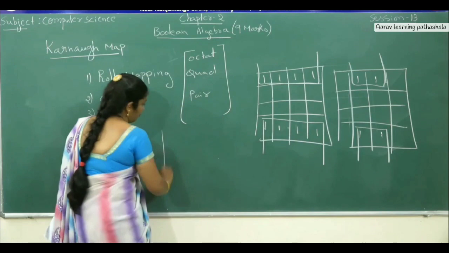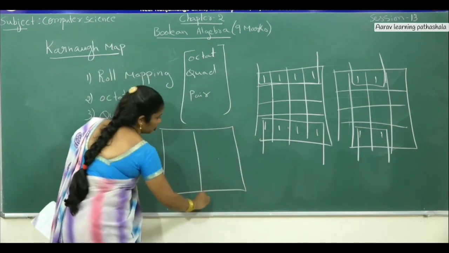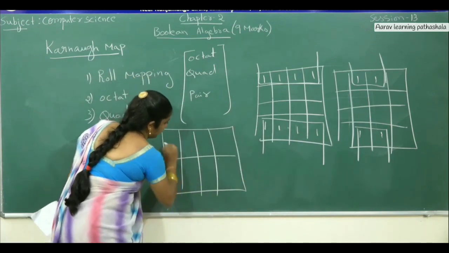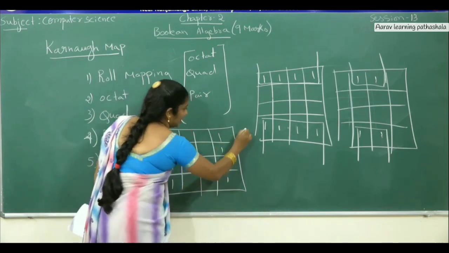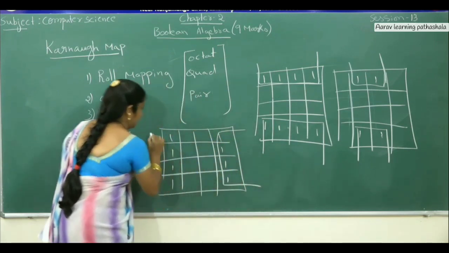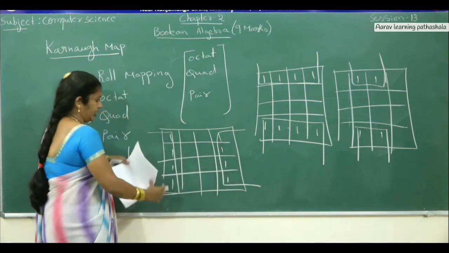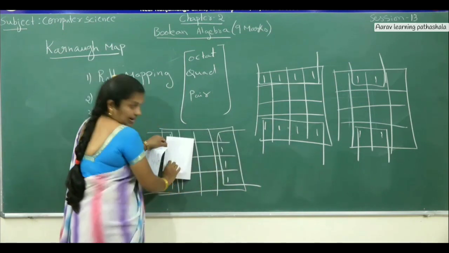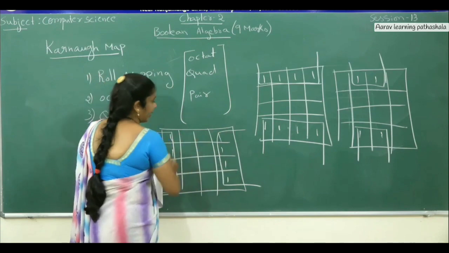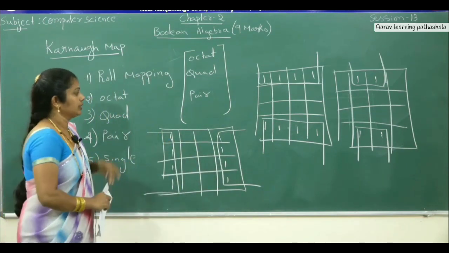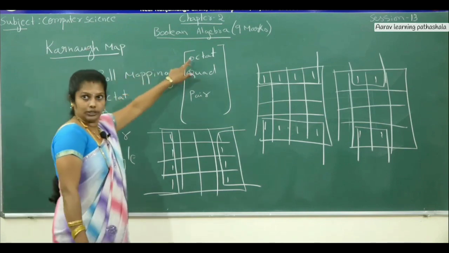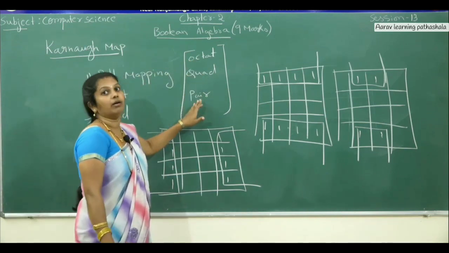For example, if you have one more K-map, I will show you. Like this, if you have 1, then I can roll map these two parts. I can combine like this. These 4 I can take. That is octal. In roll map also we have to check whether it is octal or quad or pair.